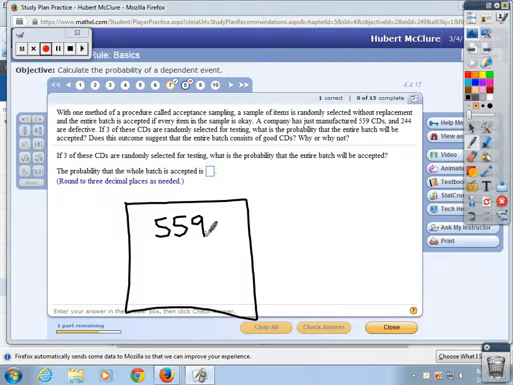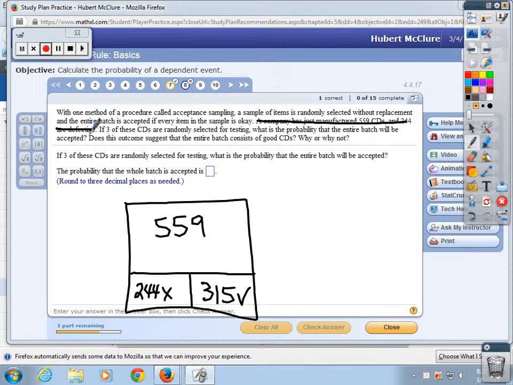So 244 are no good. If 244 are no good, how many are good? 315 are good. So that takes care of this and that.